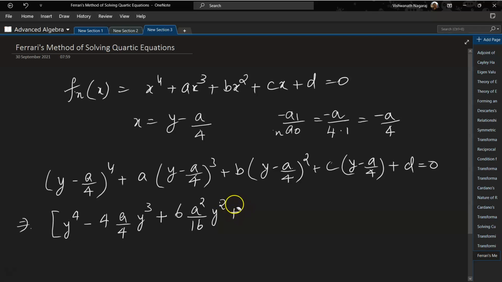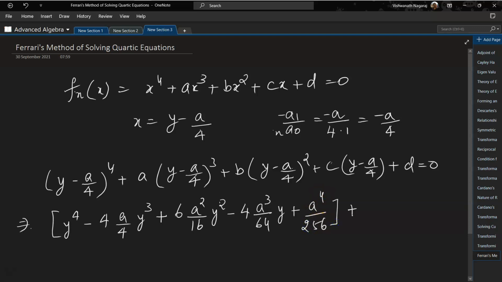plus, again now minus 4 a cube by 64 y. 4 cubed is 64, and plus 1, so a to the power of 4 by 256.